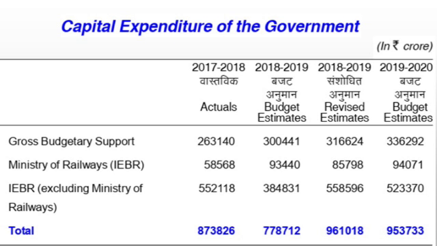Presently, more money is being spent from IEBR than from the budget given by the government. The PSUs are spending on their own or by borrowing from the market. They are not depending on the budget. That's a good scenario, a good trend. You can note down which component is the bigger component: that is the IEBR, excluding the Ministry of Railways.